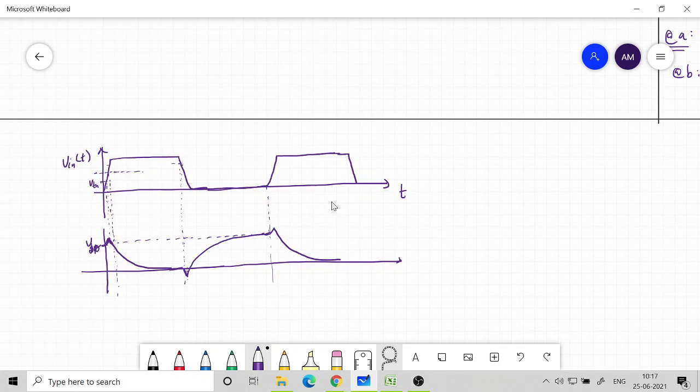Because of this, I am coming to the alternate way of defining the charging and discharging time, which is to consider the 50 percentage point at the input. So this is the 50 percentage of VDD, that is VDD by 2.